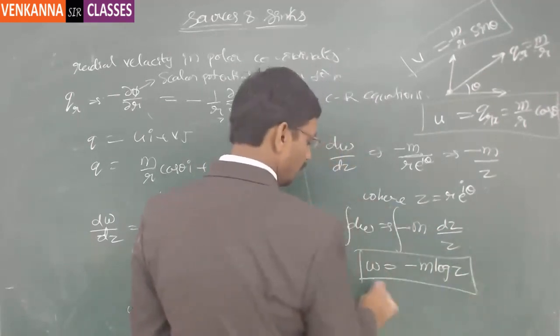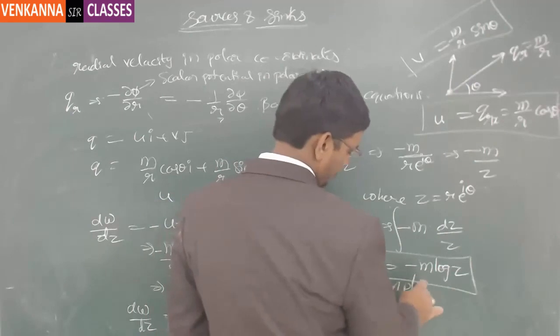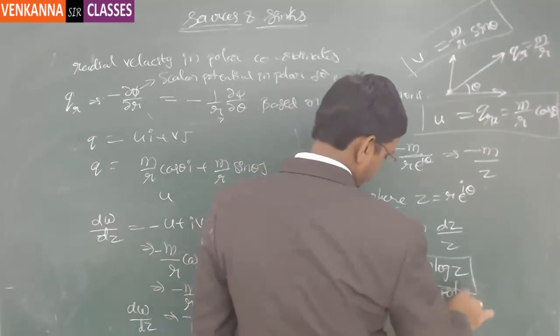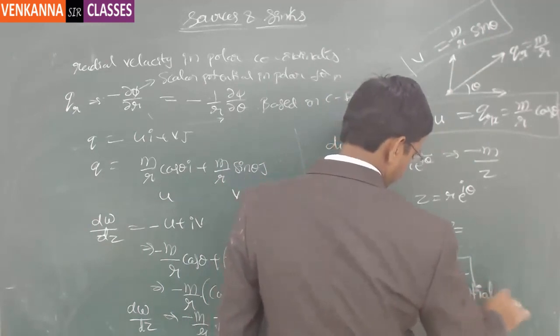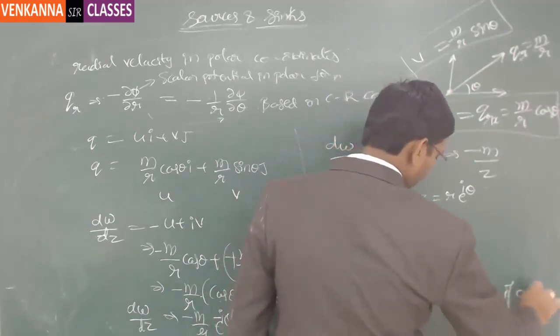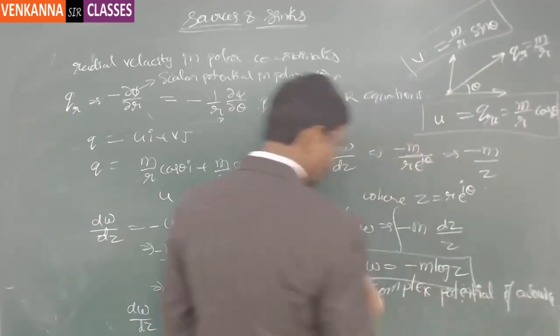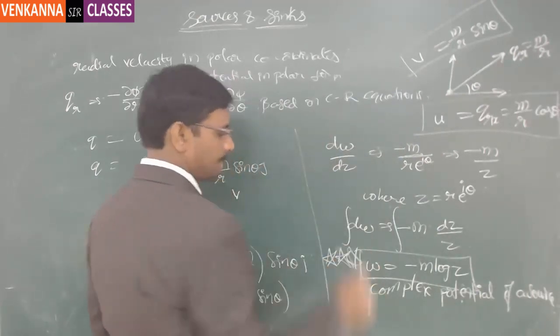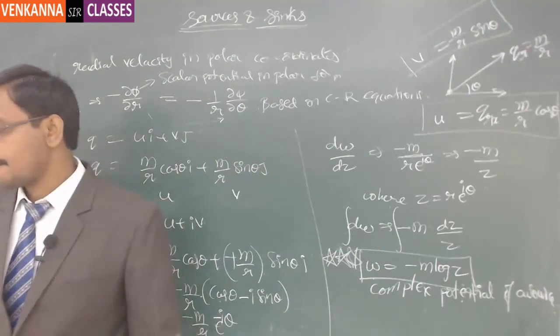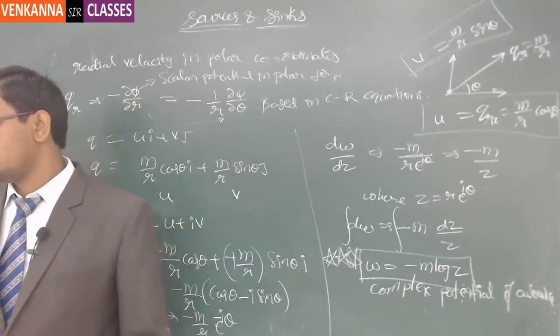And this is what we call the complex potential of a source. So this is one of the very important things you need to remember. Minus m log z.